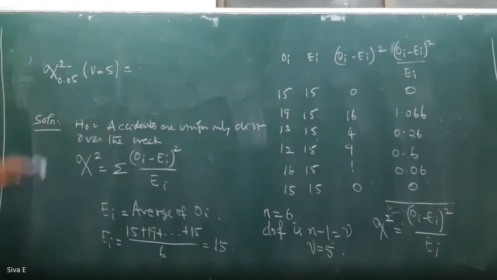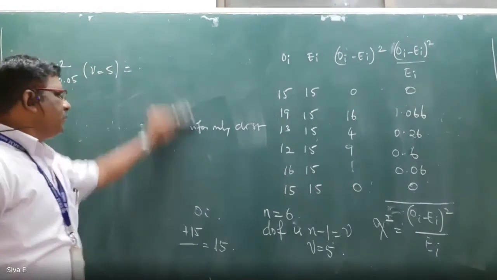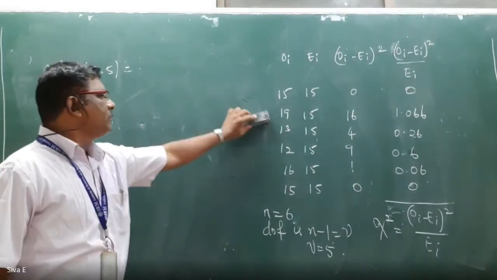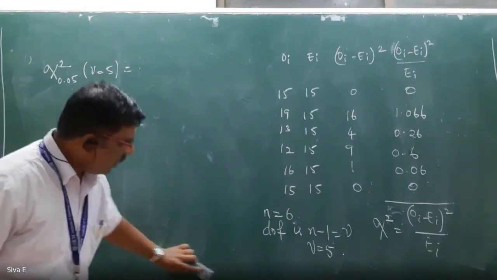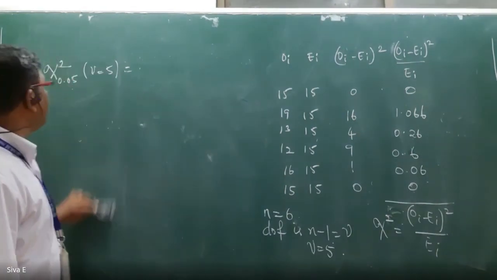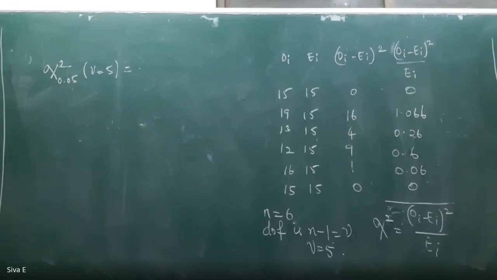See the table: the 0.05 column and the nu value 5. What is the value? 11.07.